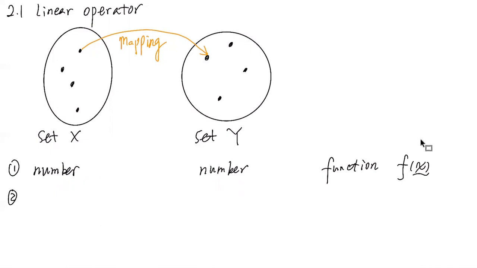If you want to generalize this map a little bit, for instance, if we consider each element in set X to be a function or a matrix, and set Y is still a number set, then this map is called a functional.